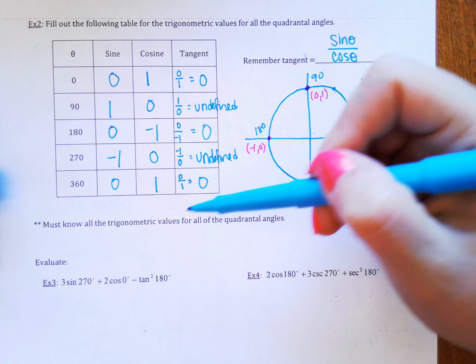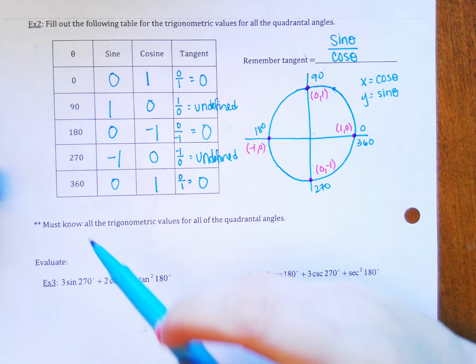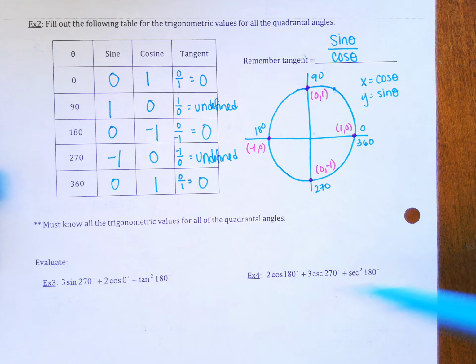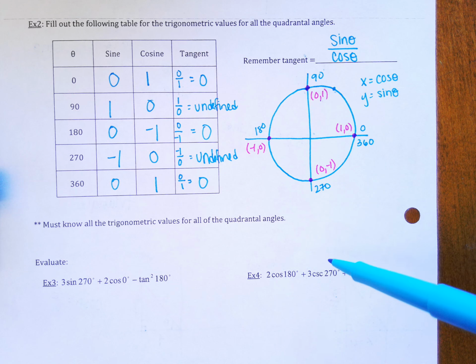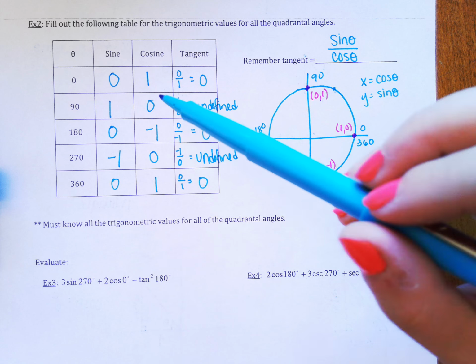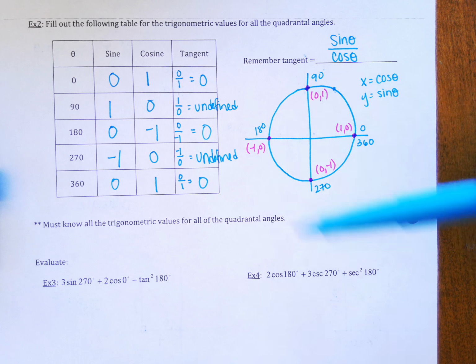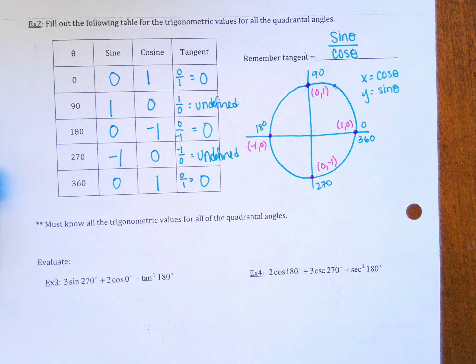This table, not specifically the table, but all these values at these particular quadrantal angles need to be known for your test on Friday. Once you know that it's represented by the unit circle, it's really easy to come up with the quadrantal angles.